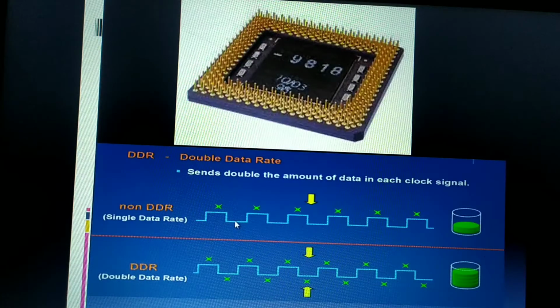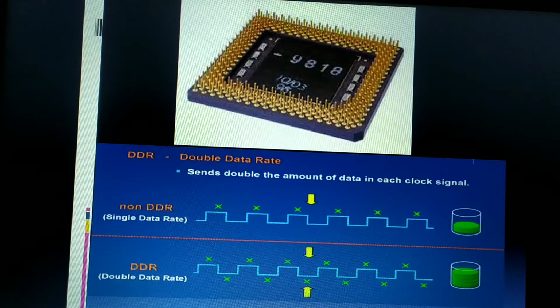Whenever the signal is low, the data will not be passed by any kind of RAM slots like SDRAM or DIM slots. They will transfer the data only at the rising edge of this clock signal. Whatever X marks you can see, only at that particular time, at the rising edge of your clock signal, the data will be transferred to the CPU. In such a case, maybe it is transferring at 32 bits.